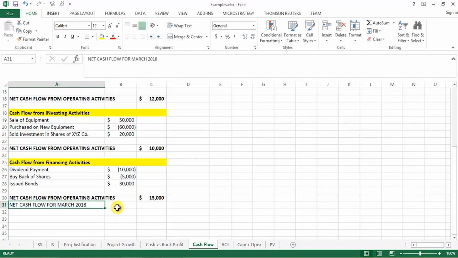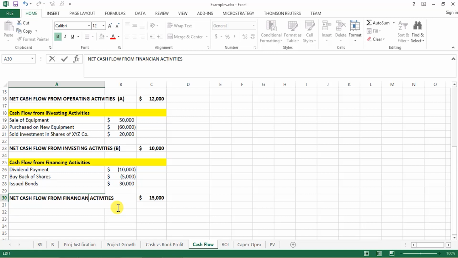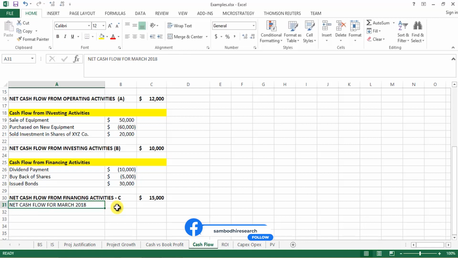Let's label net cash flow from operating activities as A, net cash flow from investing activities as B, and lastly net cash flow from financing activities as C. Just keep it simple, C.